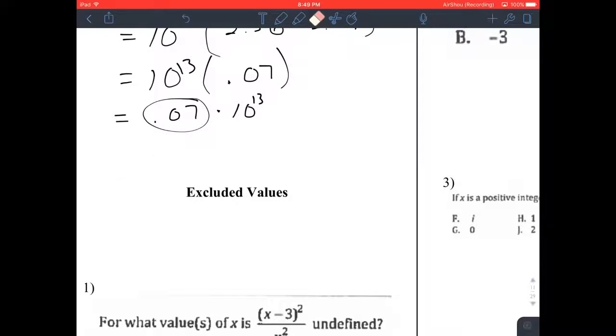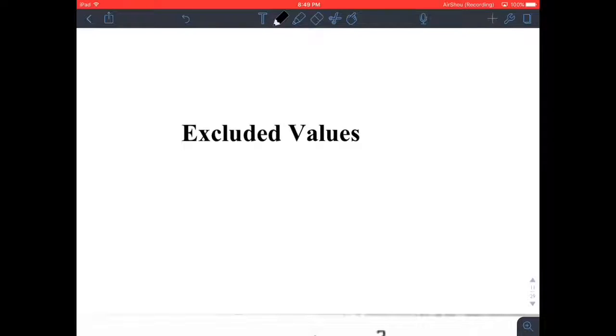Excluded values. These are numbers that you cannot use in the problem because it makes the problem undefined. So mainly for us it's going to happen in 2 different locations. You don't want your denominator to equal 0.